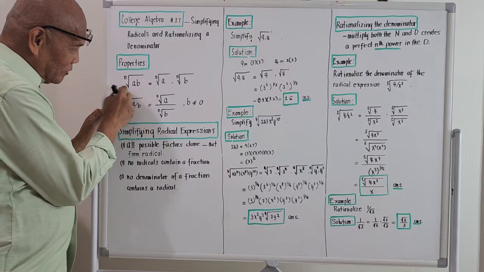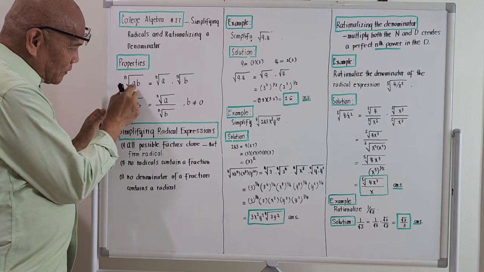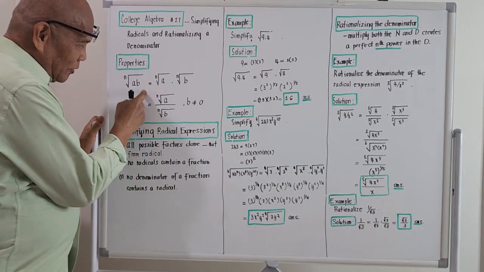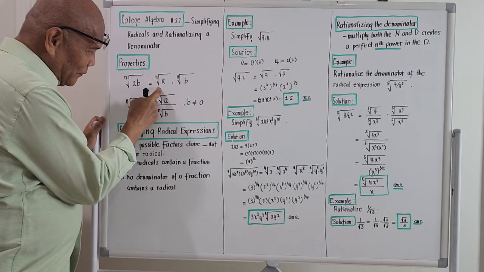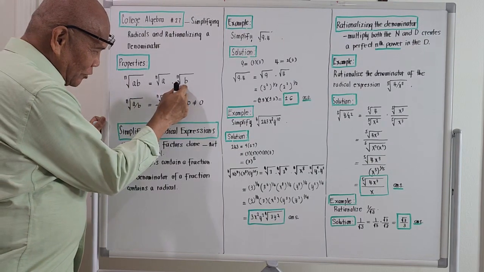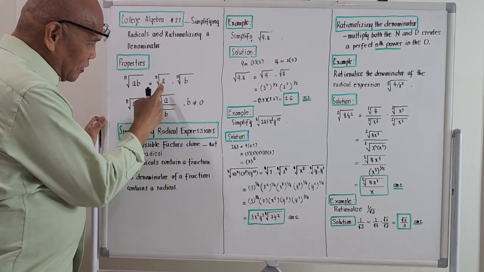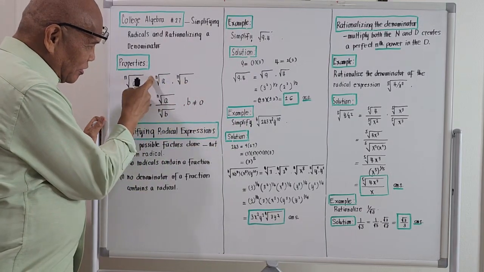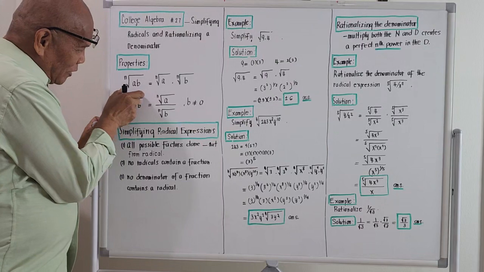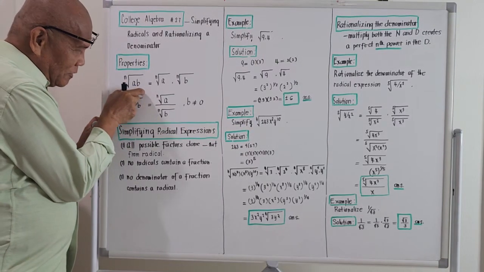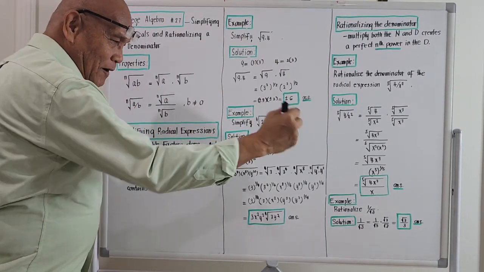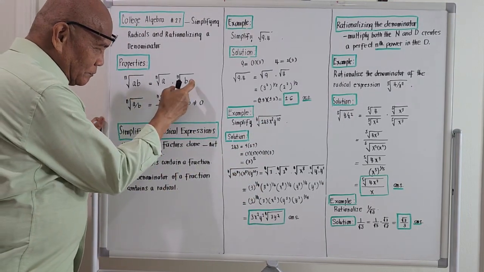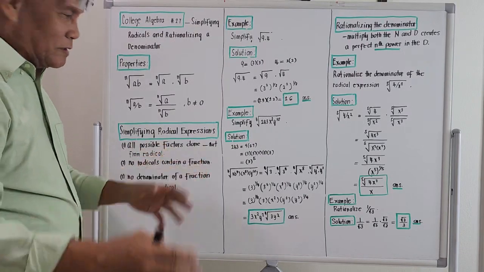If we simplify this, it should be equal to the nth root of the first one times the nth root of the second one. The first radicand is A and the second radicand is B, and their index is the same, n. So if we are given the nth root of the product AB, this could be simplified to the form the nth root of A times the nth root of B. As simple as that.